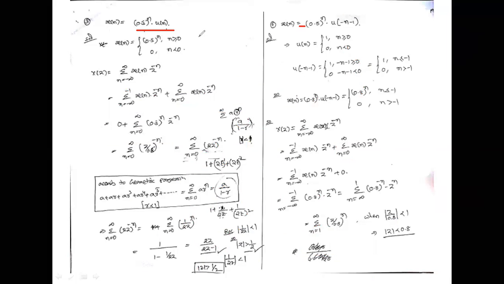For the first, ROC is greater than 0.5, and here ROC is less than 0.5. Okay. Clear, my dear friends? Then go to another example.